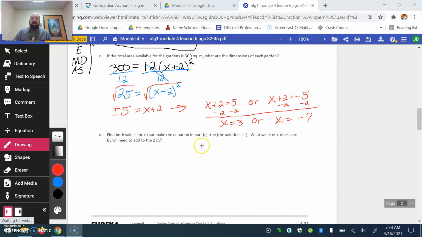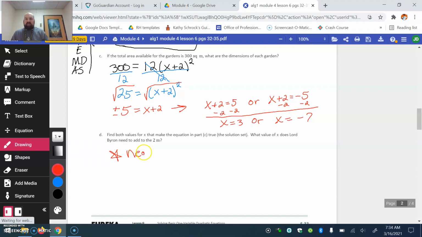But when I look at the last part, what value of x does Lord Byron need to add to the 2 meters? What would make sense? Would a -7 for our additional plot of land make sense? No. 3 makes sense because negative doesn't make sense. So let me put a star here.